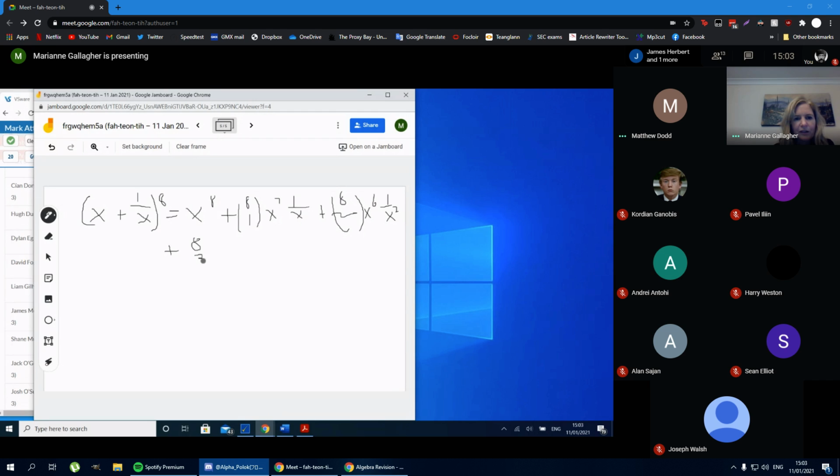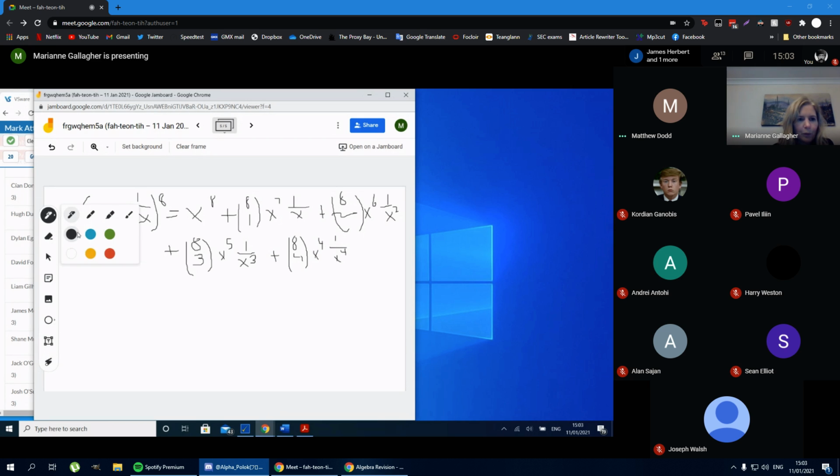Then you'll have 8C3, the x has gone down to 5 now, and the 1 over x has gone up to 3. And then the next one is the one we're looking for, so you don't even have to go all the way along here. You don't have to do all 9 terms. X to the power of 4 times 1 over x to the power of 4, okay?